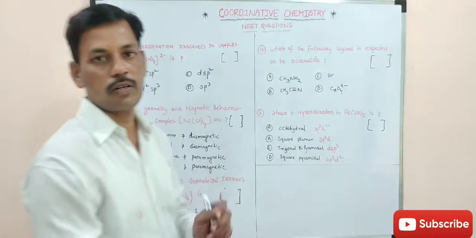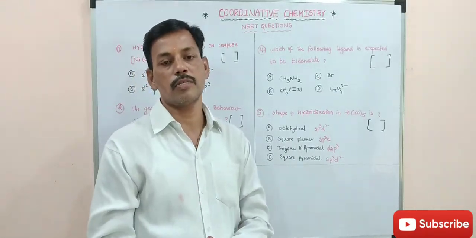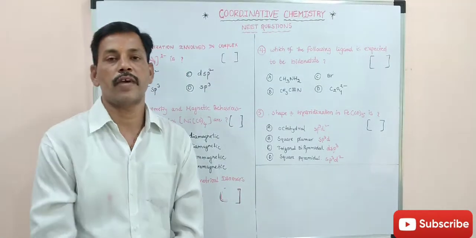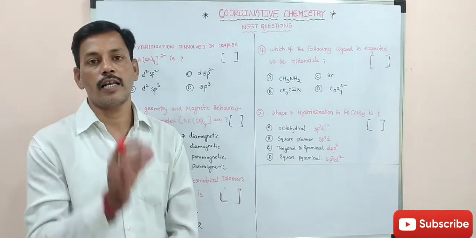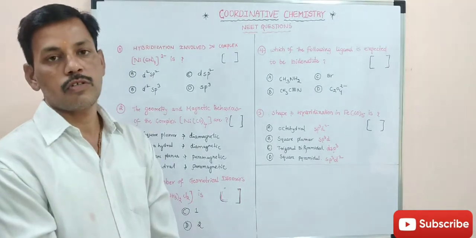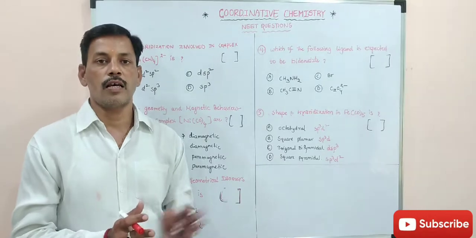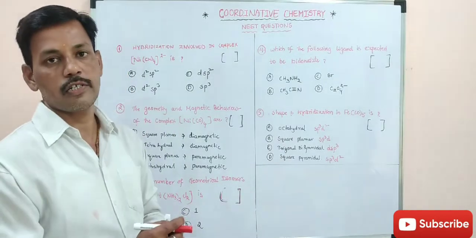So how can we know the type of hybridization? Before solving these concepts, I already explained in my previous video Werner's theory and inner and outer orbital complexes. You have to study these properly in a conceptual way, and only then will you be able to solve these questions.